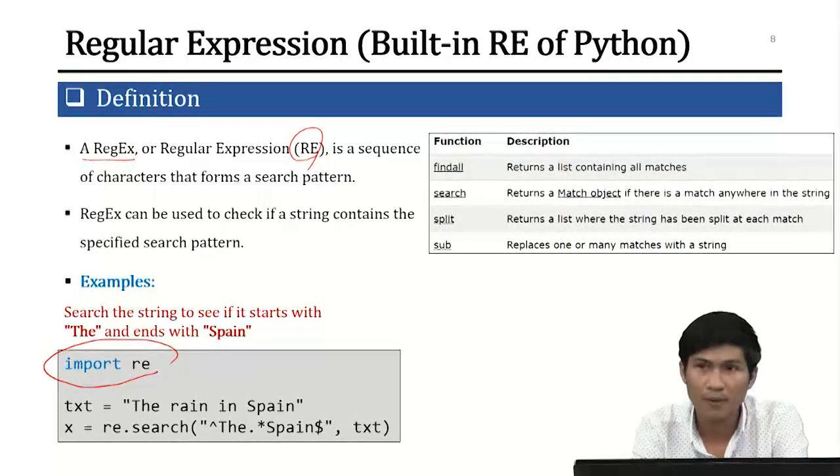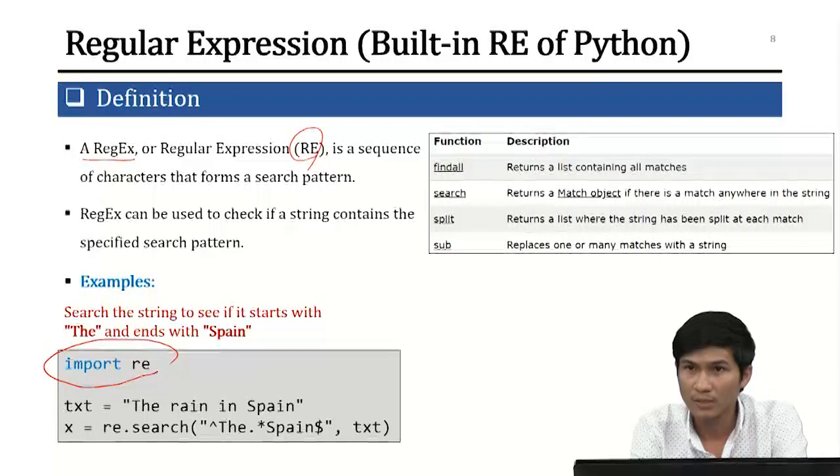So how can we write the rule here? In the function search, you pass a rule, whatever you want to specify. There are two arguments here. The first one is the rule, and the next one is the given string. In the rule, we know that we want to check that the word starts with the, right?